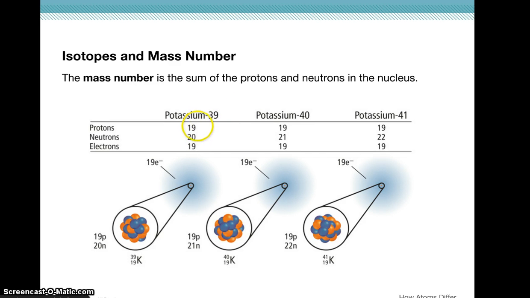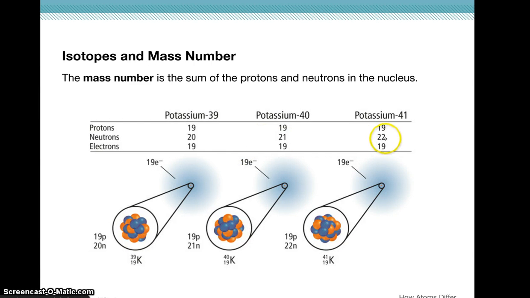We know from the periodic table that there are 19 protons in potassium because that's what makes it potassium. So in this isotope, there has to be 20 neutrons. 19 plus 20 is 39. In potassium 40, there are 21 neutrons, and in potassium 41, there are 22 neutrons.